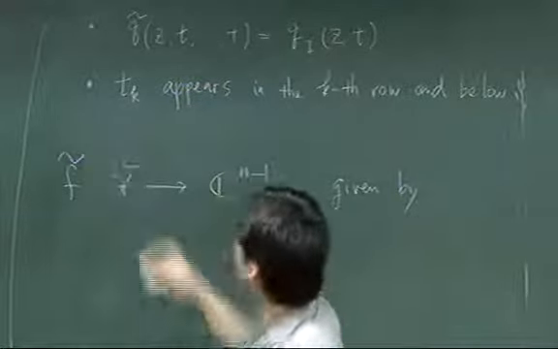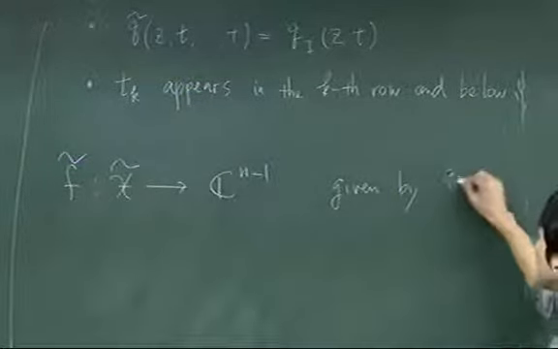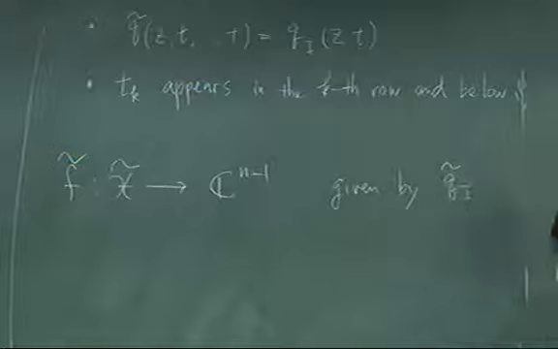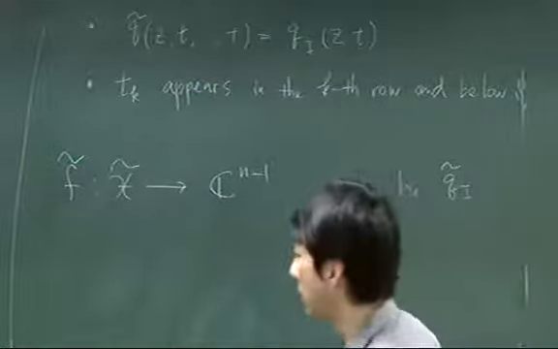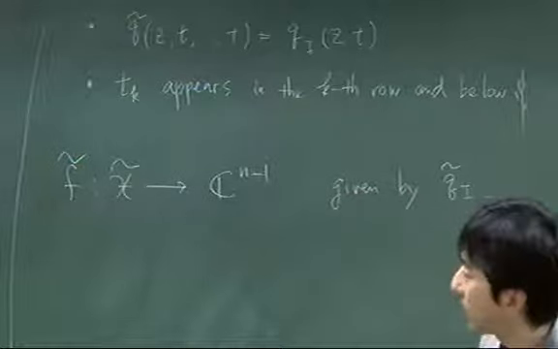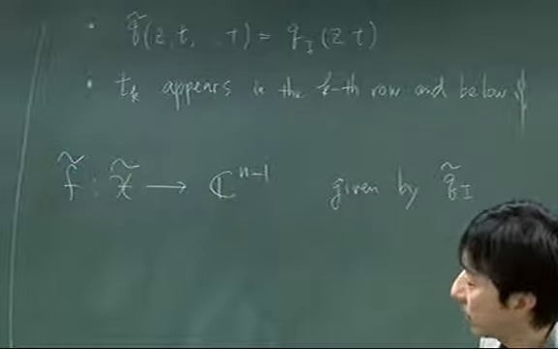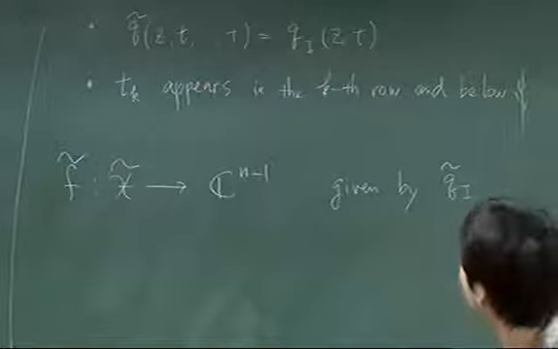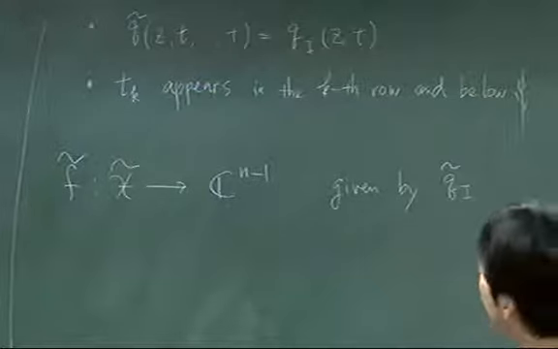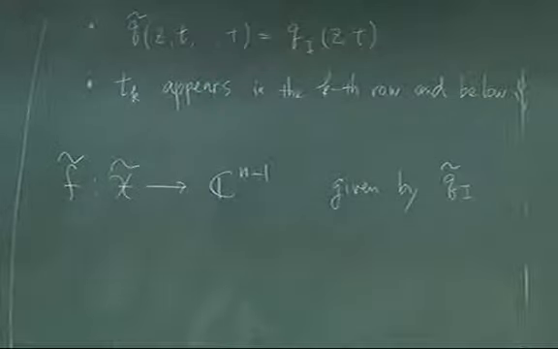Maybe we should write tilde. But it seems to me, yes, K from K plus 1 to row, and yes, below. For example, T2 appears in the second row. I'm sorry.